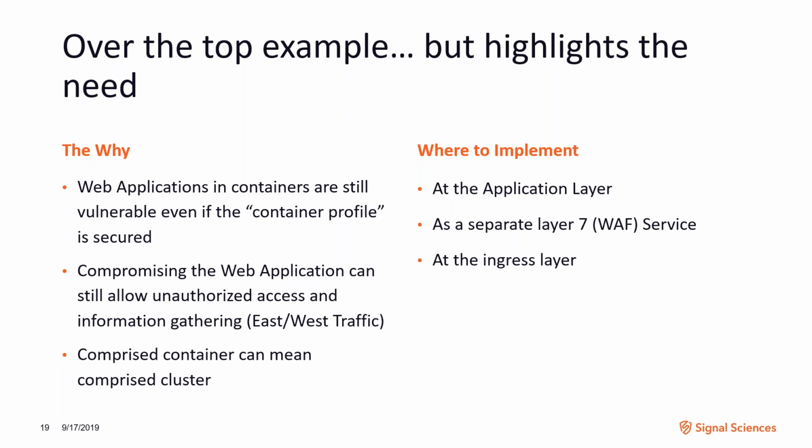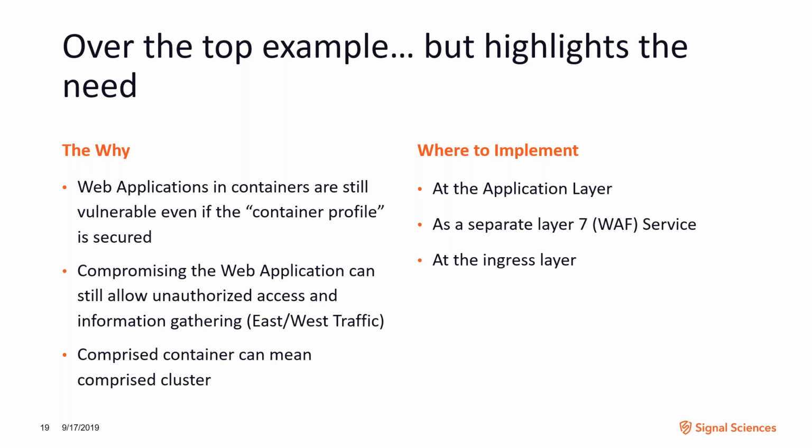This could be at Envoy or HAProxy or Nginx, some of the common ingress controllers that we see out there. It's also interesting to note, and I've seen this with customers that I work with, as part of that layered approach, you might actually want that protection at multiple layers.